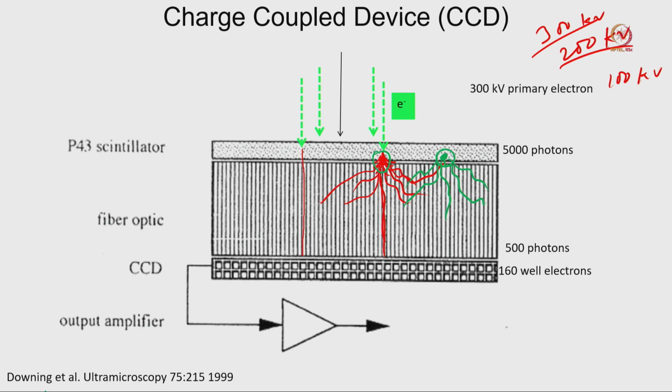So, definitely that is user friendly, and you will get better resolution, but there is a problem that it will generate a lot of noise because of this kind of scattering, as well as it has to convert from electron to photon, then the photon is going to travel through this fiber optics, and then it is going to record, and then it is amplified and gives us an image. A lot of the time these images will be noisy images, not a very good image, and the readout will also be very slow because it has to go through this entire process.